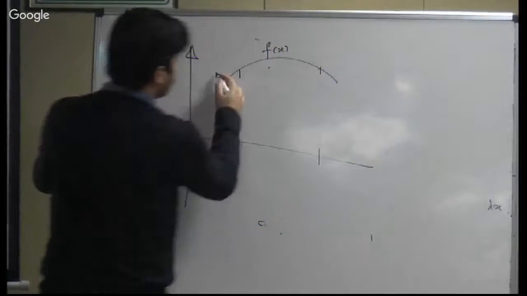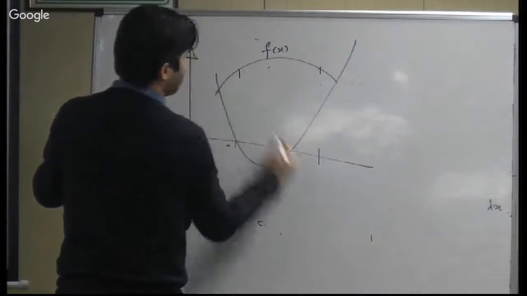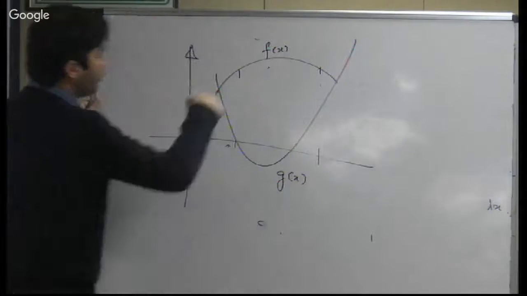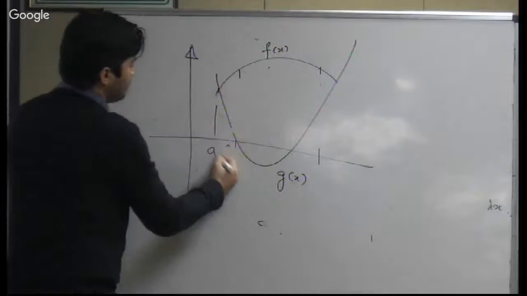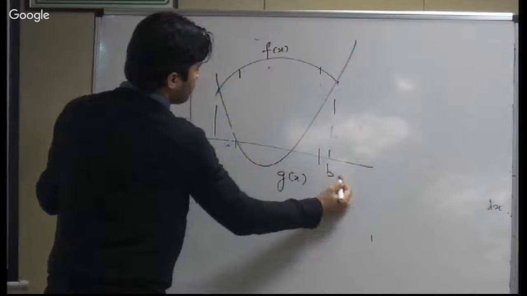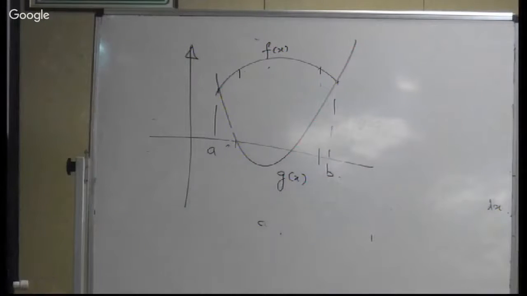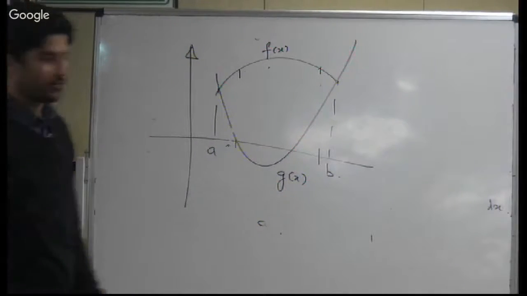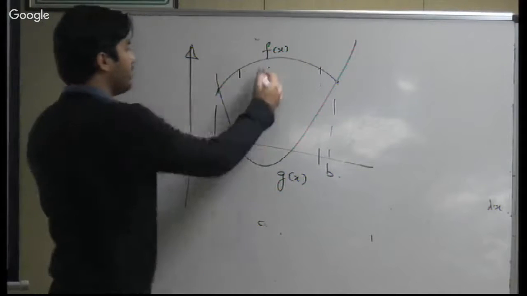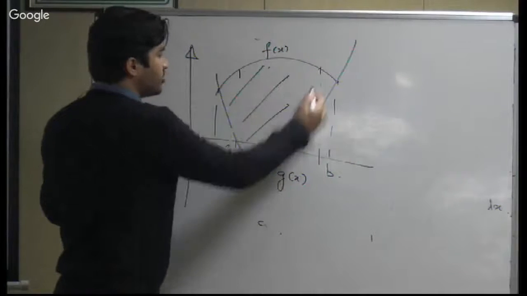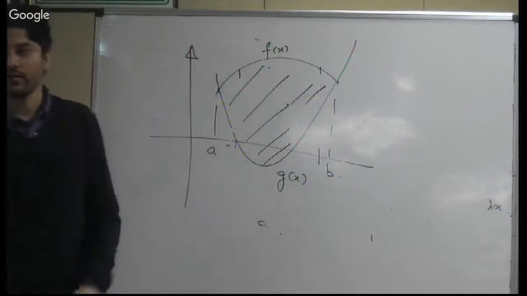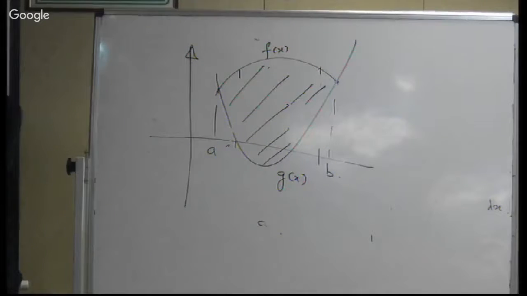And what about this? How do we find this area? This is f(x), this is g(x). I have to find this area, obviously the area chopped between these two curves. f(x) minus g(x), the same story.